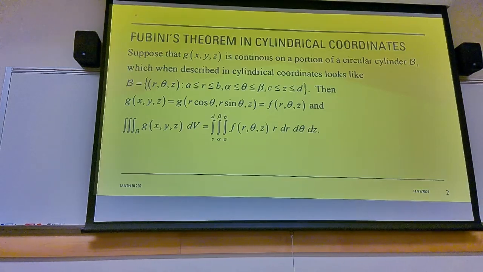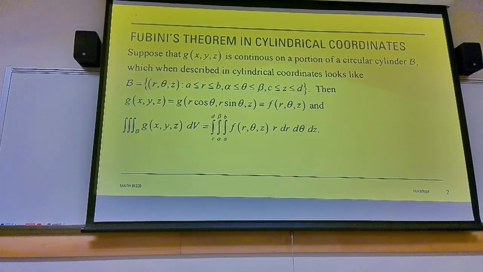Typically, that's not the order it's written in. It's generally written in the order dz, dr, d theta. But again, the order doesn't matter. Notice your dV is not dr d theta dz, just like with polar. It's r dr d theta dz.